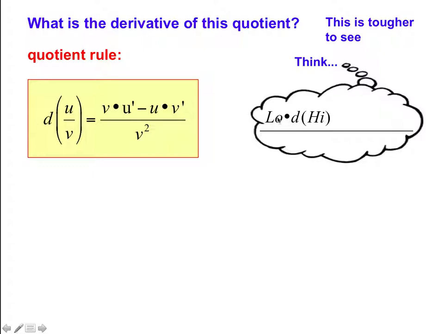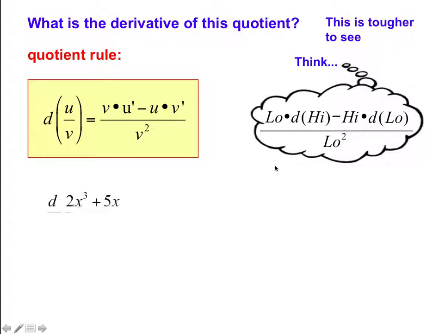So low d high is v times u prime minus high, that's the u, that's the top, times d low. D low means derivative of the low. Derivative of the low is v prime, all over low squared. So this on the top helps me remember this sequence, low d high minus high d low. It's just easier for me to remember.